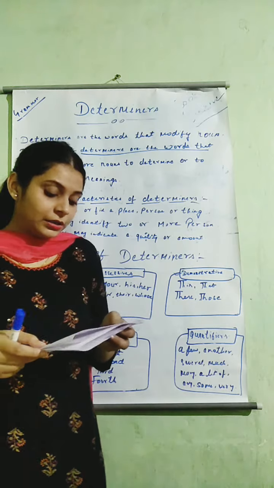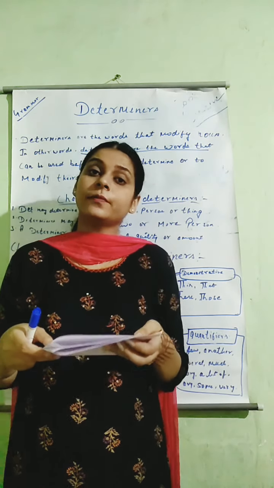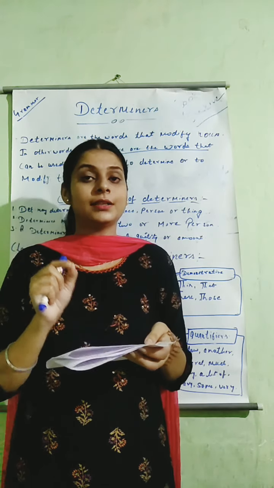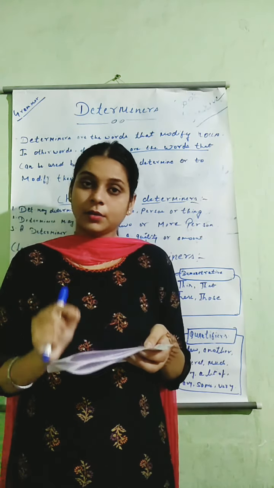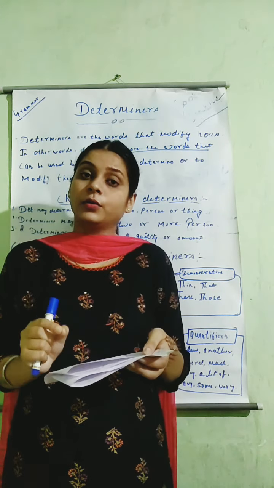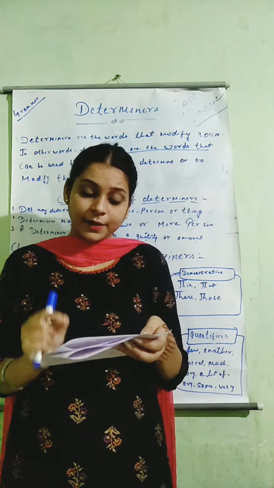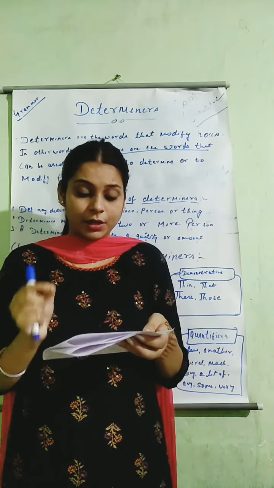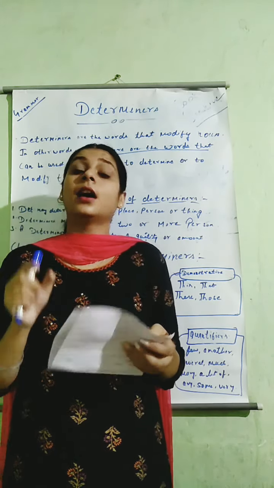Now moving forward, we will see the usage of an. An is used before a noun beginning with a vowel sound. As I also mentioned before, an is used before a noun which begins with a vowel sound. For example, an orange, an egg, an elephant, an hour.